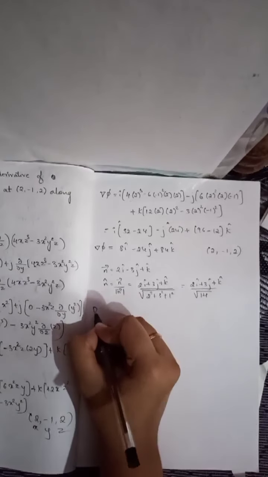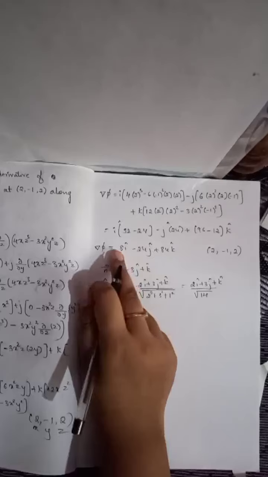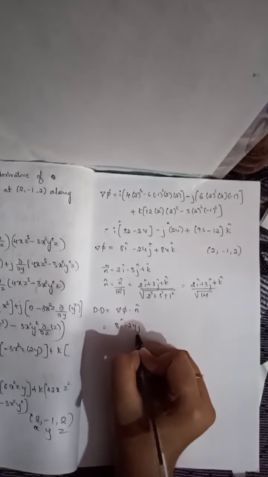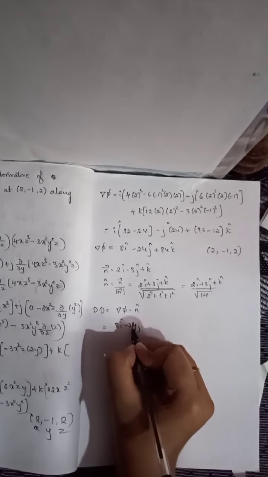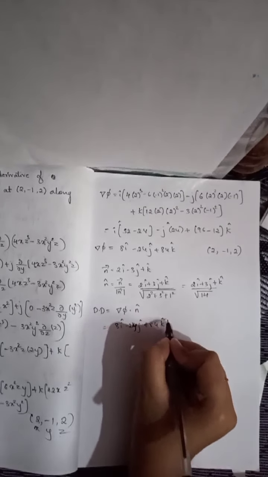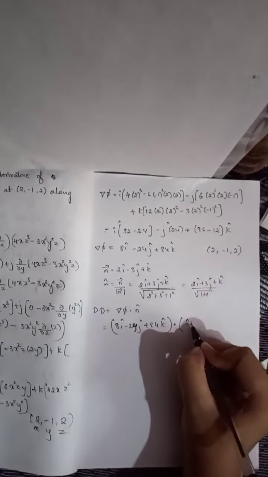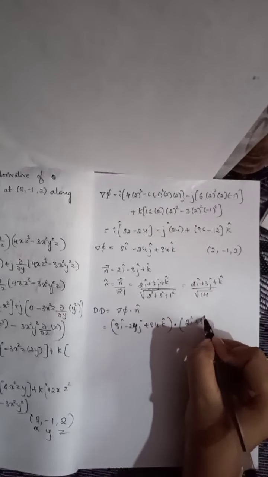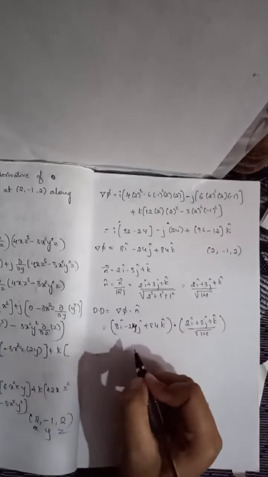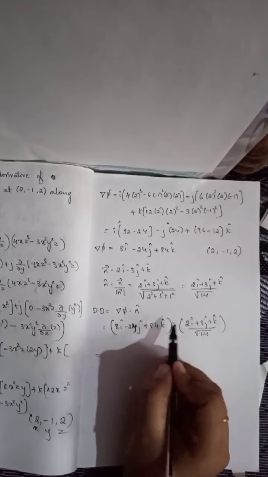So now the directional derivative formula is del phi dot the unit vector. Del phi we have here, I'll write it down, 8i minus 24j plus 84k, dot product with n cap, which we got as 2i minus 3j plus k divided by root 14. You know how to find the dot product: coefficients of i, coefficients of j and coefficients of k.